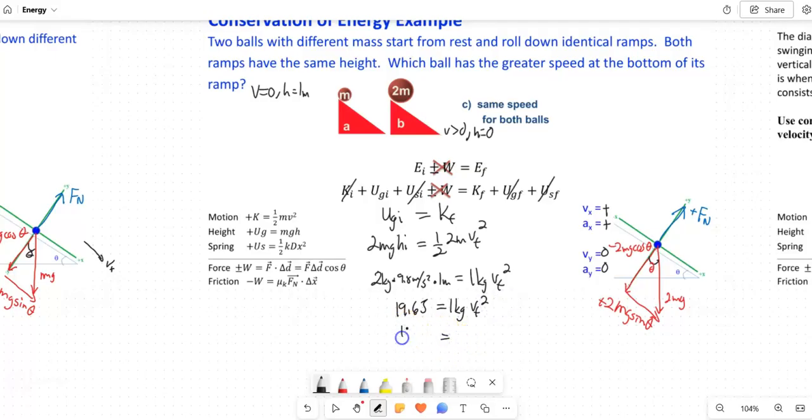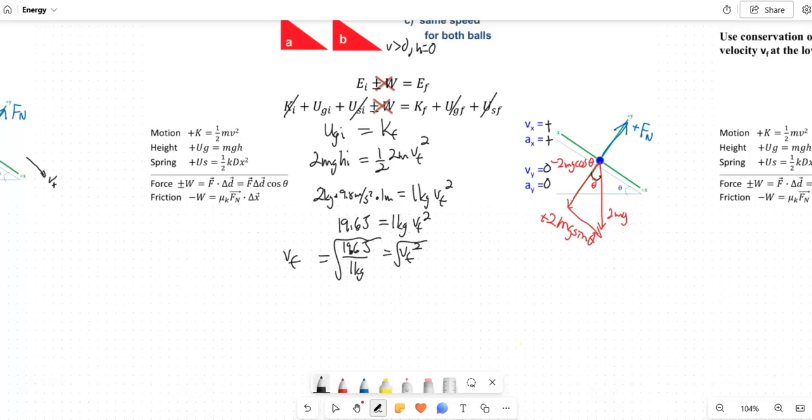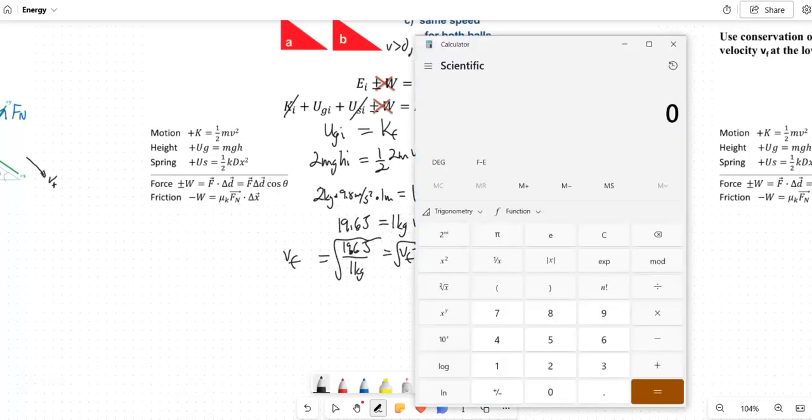Divide both sides by that mass, 19.6 joules divided by 1 kilogram. That's equal to v final squared. We're going to square root both sides, and that is going to be v final. Okay, so 19.6 divided by 1.